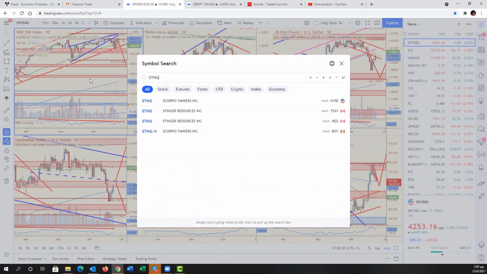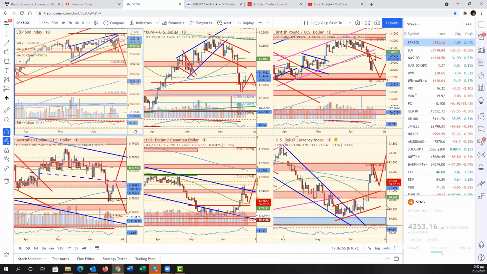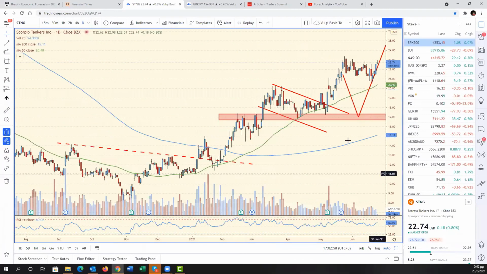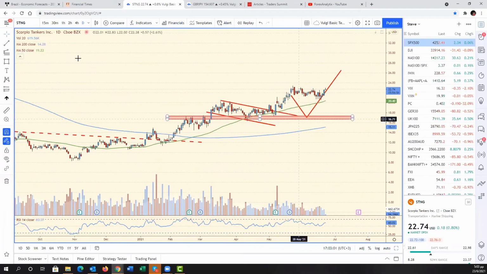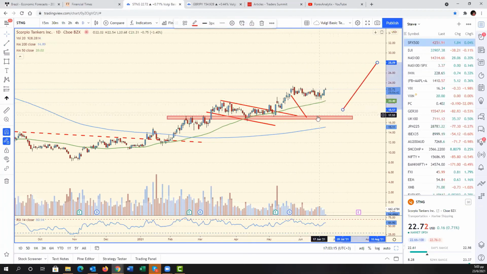Now, let's see, STNG. Let's see what that is. Bullish. Why? Because last time we looked at it, we were there clearly, right? And I said that we need to see some type of correction. We might go all the way back there. But this market decided to correct in time rather than in price, right?